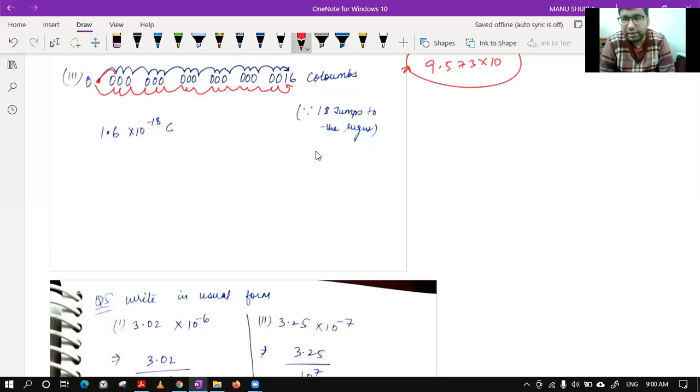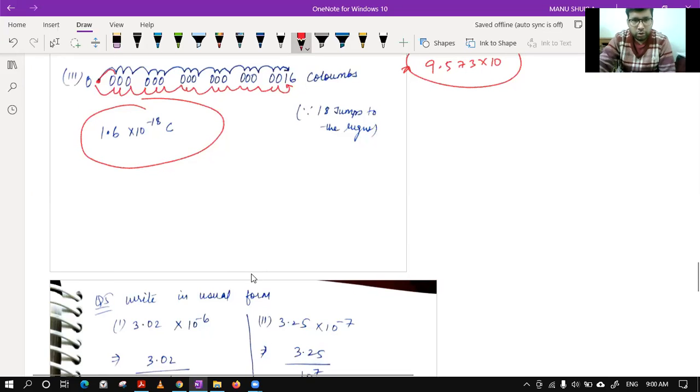So the decimal has taken 18 jumps to the right, and when you go to the right side, the power of 10 is negative, and I have already shown you why. So that's why the answer became 1.6 into 10 power minus 18 coulombs. When you check online, it will be minus 19 coulombs, but it's okay. In the question, it is minus 18 only.